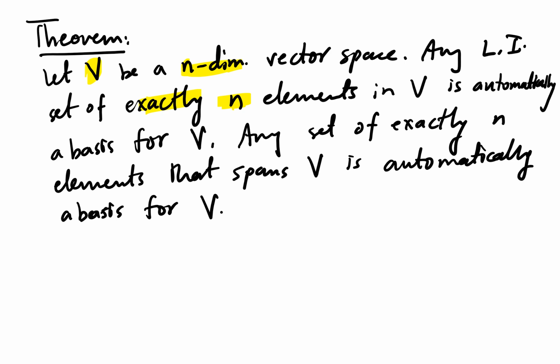If you have n linearly independent vectors in V, and V is n-dimensional, that set of vectors is a basis for V.